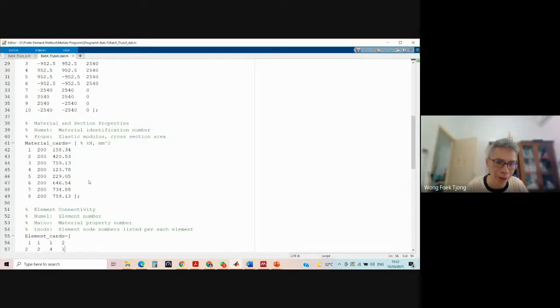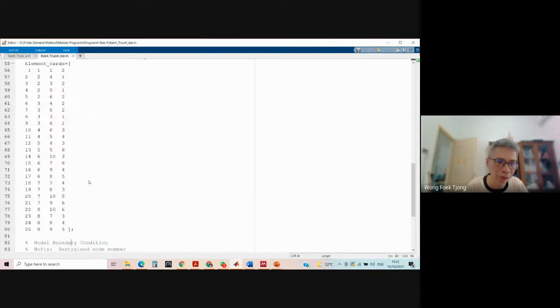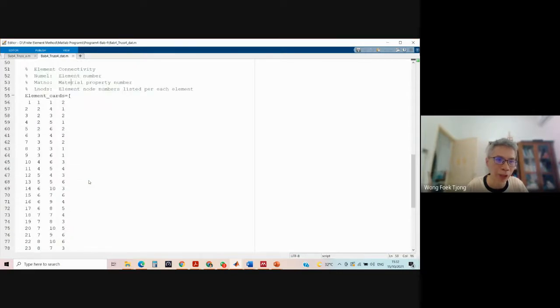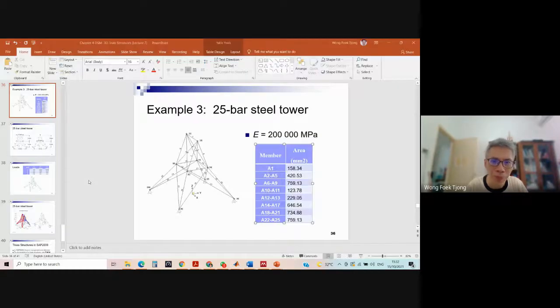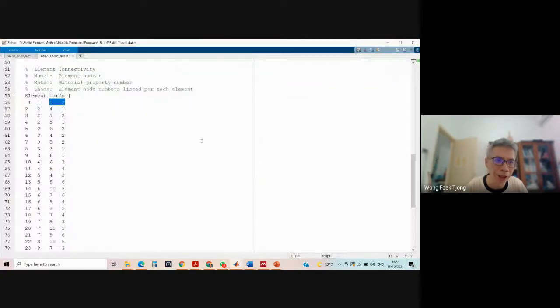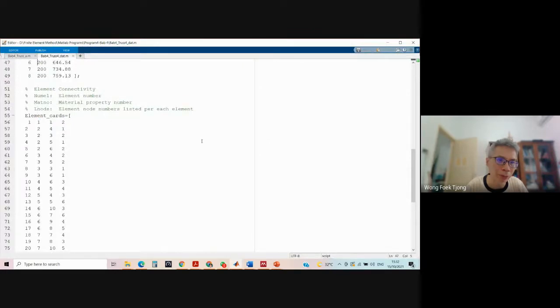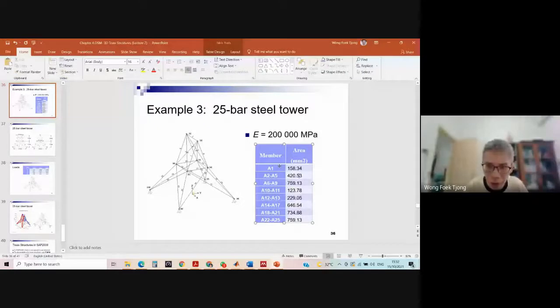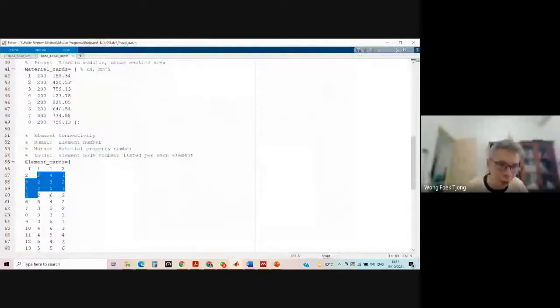Then the element connectivity, we have 25. This should be input carefully. So this is the connectivity 1, 2. For example, element 1 is nodes 1, 2, and so on. This refers to the material properties, of course. This number 1, then 2 up to 5, this is group 2.